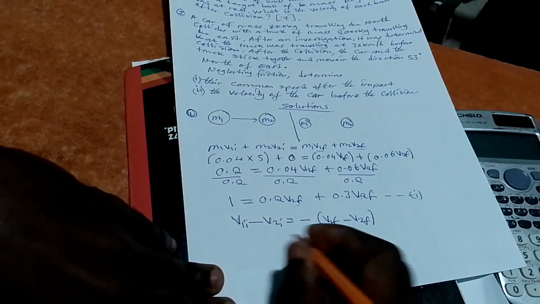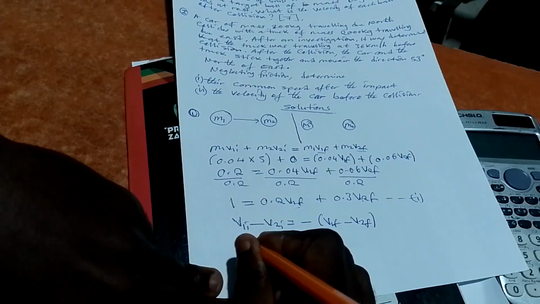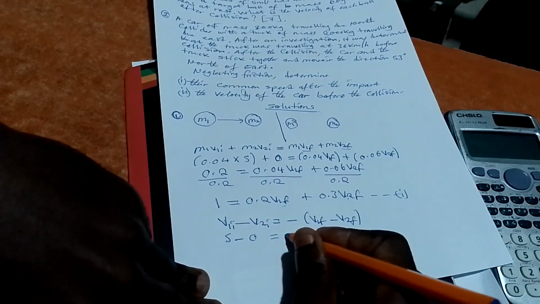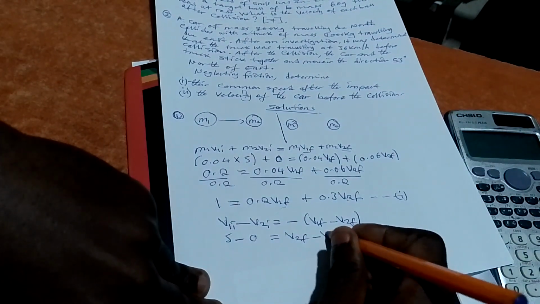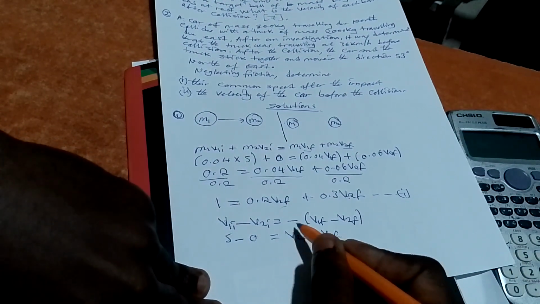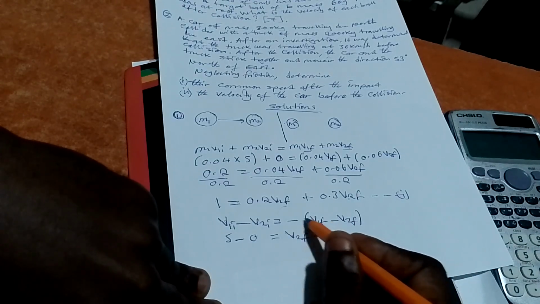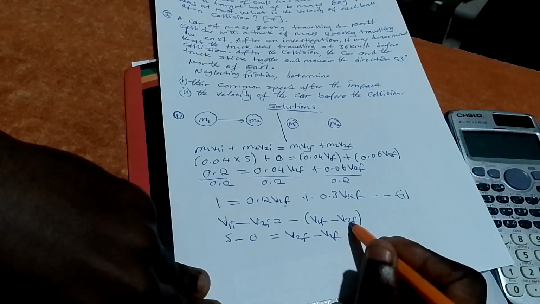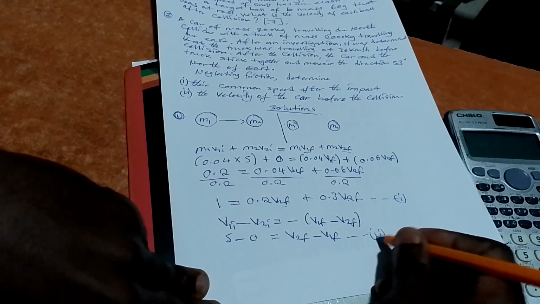V1 initial is 5 minus V2 initial 0 equals V2 final minus V1 final. What I've done here is multiply through by the negative and take it to the other side to have V2 minus this. So this is my second equation.